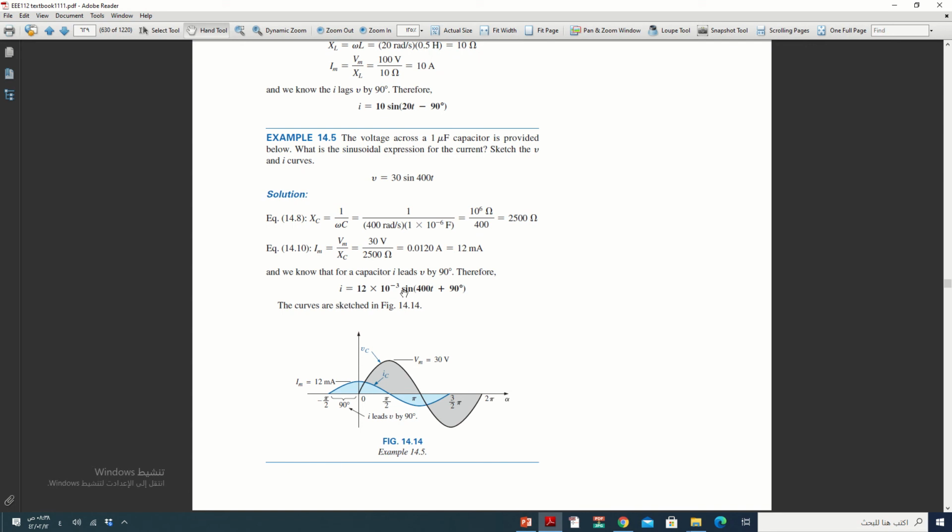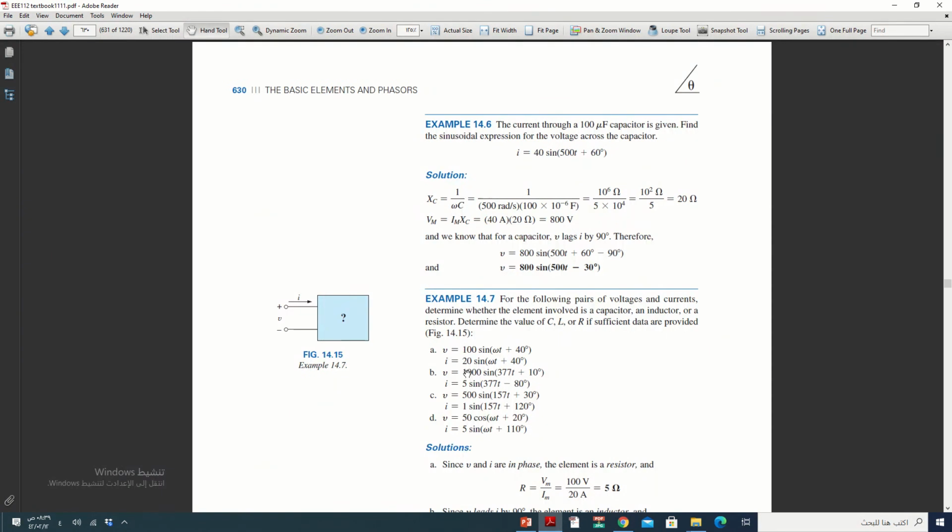So the current is 12 milli sine 400t plus 90, because we need the current to lead the voltage. Now the current reached zero and then the voltage reached zero. This means the current leads the voltage by 90 degrees. Try to solve 14.6.